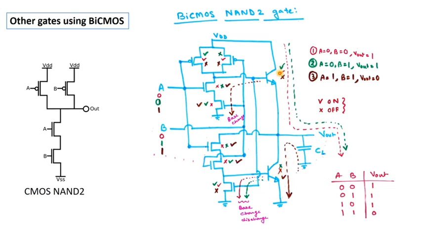Okay, so this is on, this is off, so the current can flow like this and charge the output load capacitor CL. Okay, so what will be the output here? The output will be high because the capacitor is now charged. So you can see here, when we give input A and input B, the output is high. So in terms of the truth table, for 0 0, the output is 1.